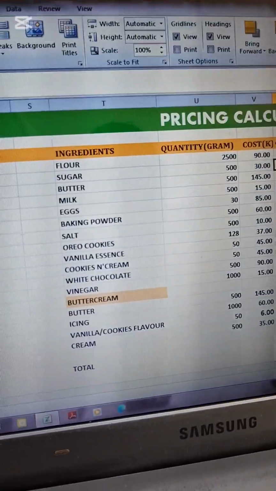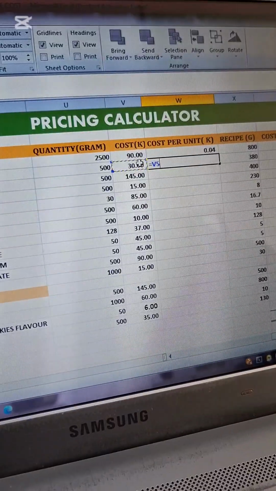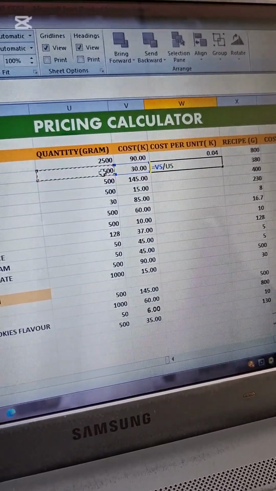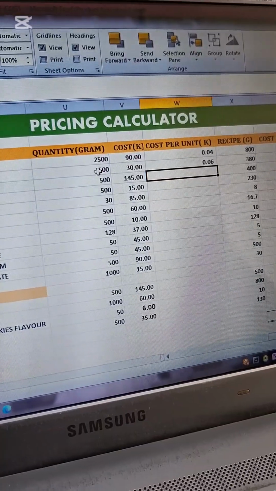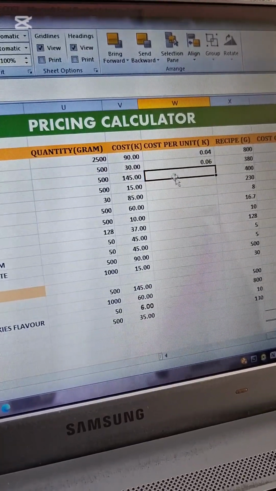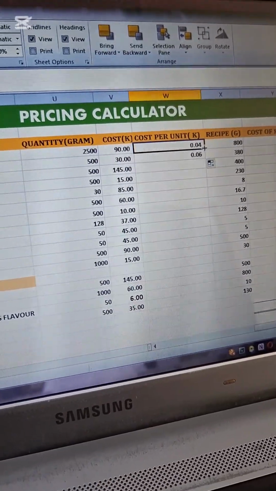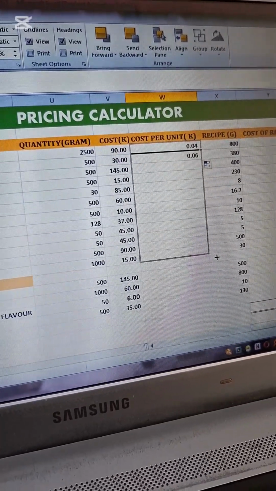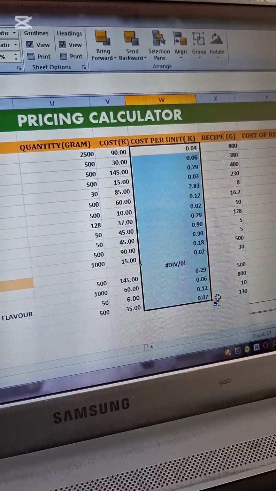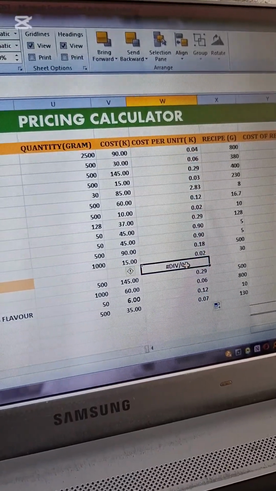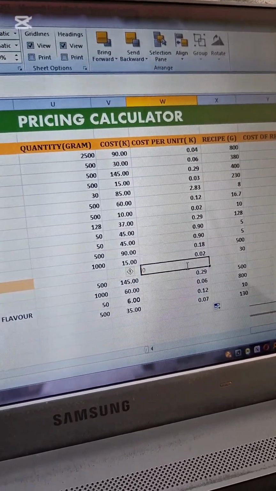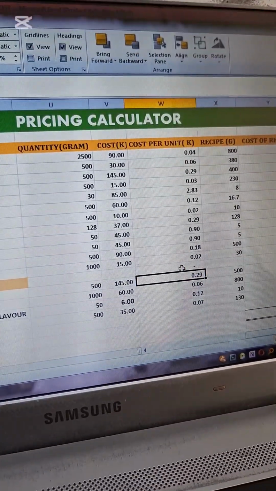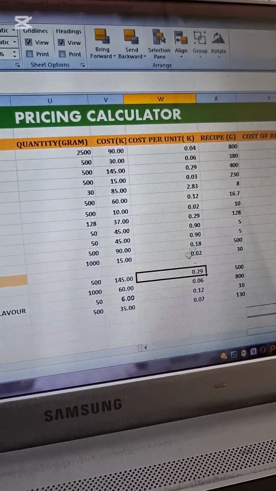And for sugar, it will be 30 kwacha divided by the weight, 500 grams, and it will give us 0.06. This is the formula that we are going to use for our ingredients to calculate the price per gram. This is a very crucial step in the pricing process, and it also helps ensure that you are charging a fair and competitive price.